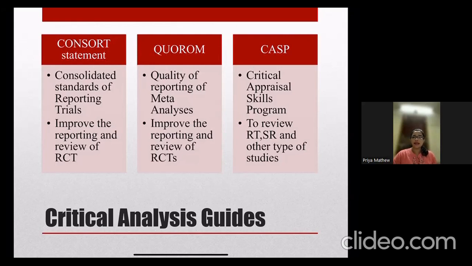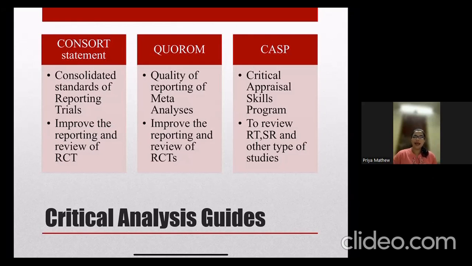Now, there is another guide that is known as QUORUM, that is Quality of Reporting of Meta-analysis. So meta-analysis means it is a systematic review, but of a statistical significance. So this actually improves the reporting and review of, again, randomized control studies, but in a meta-analysis study.